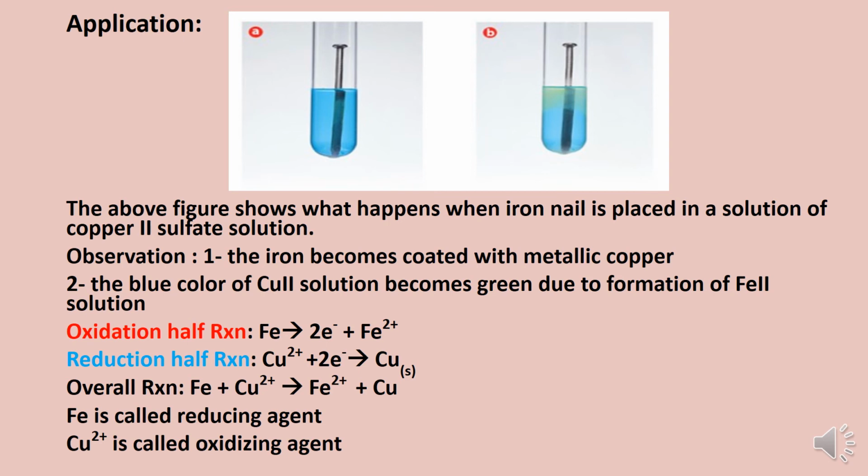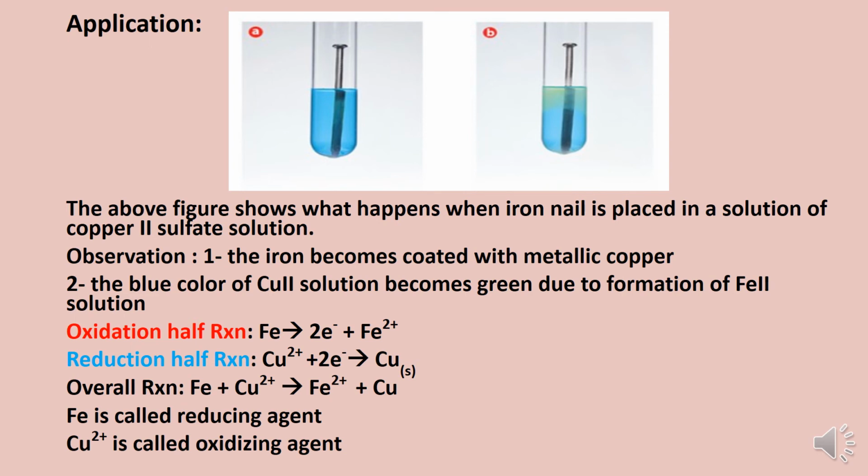Now observe figure B. In figure A we put iron in copper 2 sulfate. The observation in figure B: the iron becomes coated with metallic copper, and the blue color of the copper 2 solution becomes green due to formation of the Fe2 plus solution.